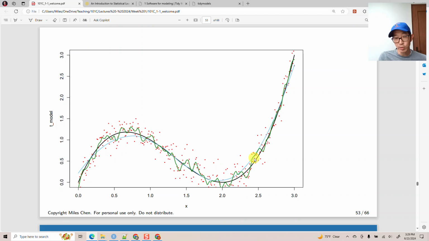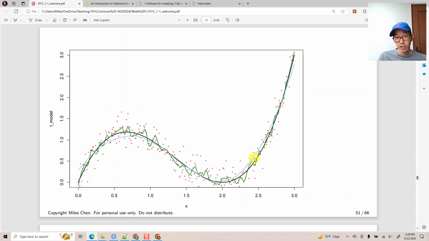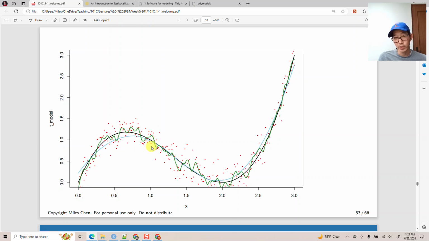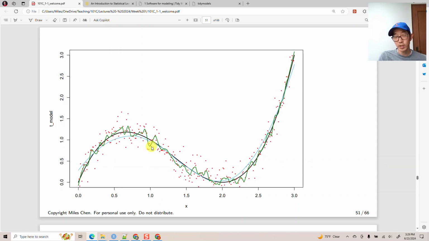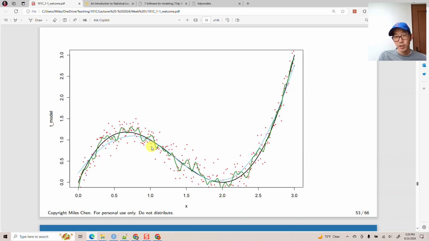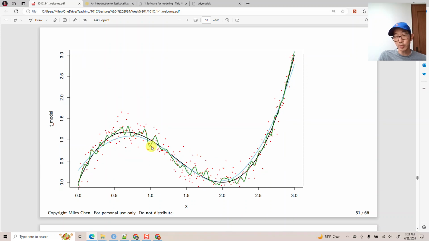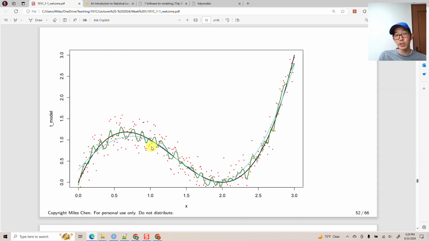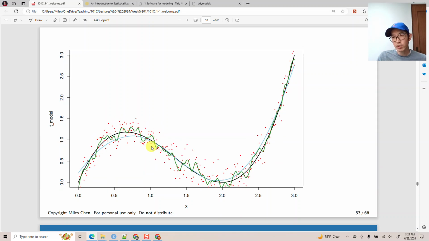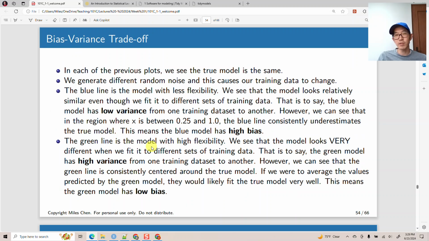But if you look at the green line, it changes quite a bit. This green line here is pretty different from the green line here, and different again from the one here. So the true relationship, the black line, doesn't change from graph to graph. The red dots change a lot. The light blue line changes only a little bit, and the green line changes quite a bit. That illustrates the concept of bias and variance.